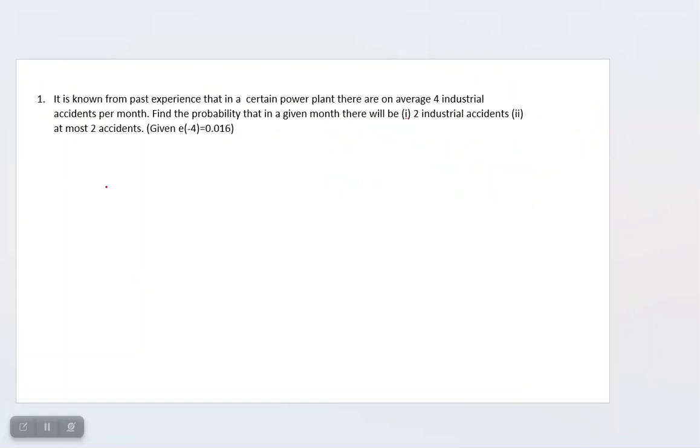So we now solve the following problem. It is known from past experience that in a certain power plant, on an average, 4 industrial accidents occur. Find the probability that in a given month, there will be 2 industrial accidents. First, we are counting x, the number of accidents. So we want P of x.